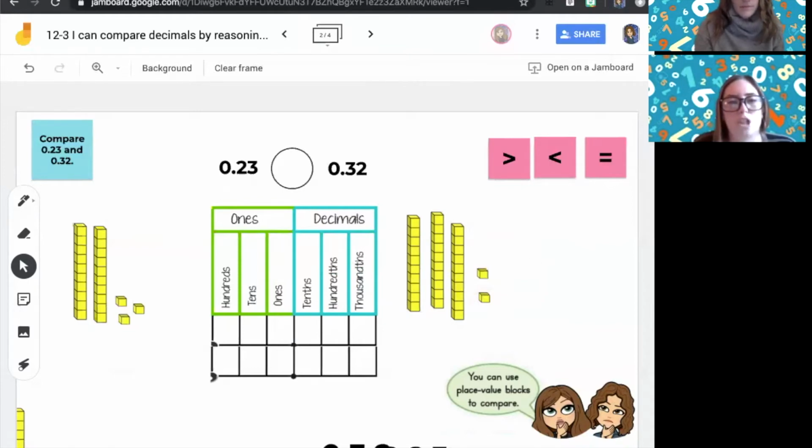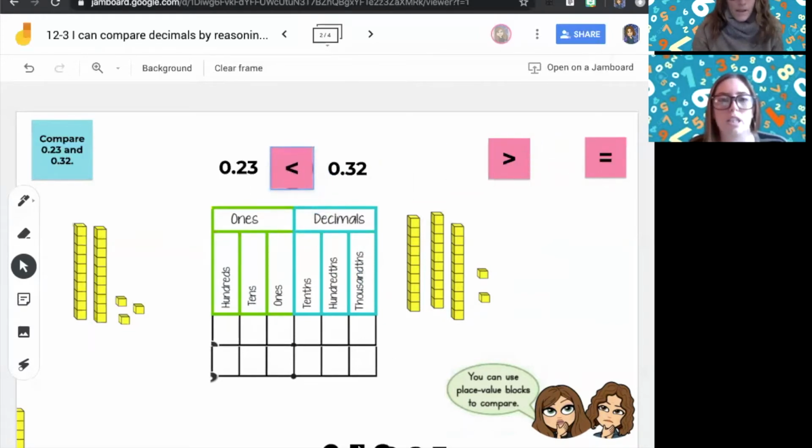So I can tell just by looking at both sets of manipulatives that 32 hundredths has more pieces than 23 hundredths. So I'm going to say that 32 hundredths is greater than 23 hundredths, or 23 hundredths is less than 32 hundredths. Okay. We can also plug it into our place value chart to check our answer.